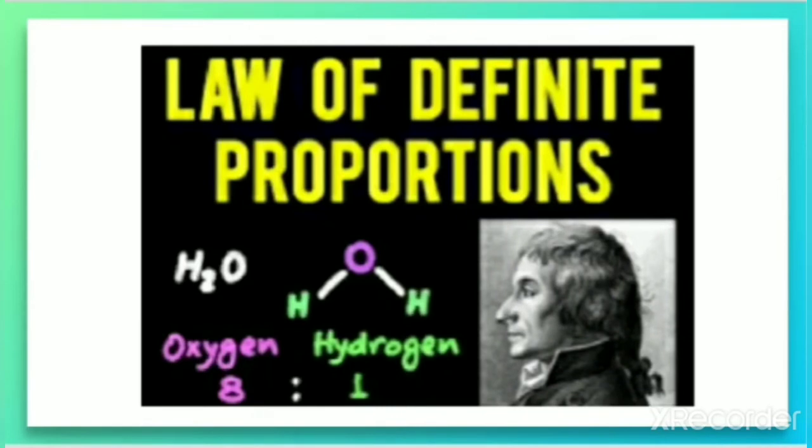Because in water, hydrogen and oxygen are combined in a fixed ratio. That is, the oxygen to hydrogen ratio is 8:1 by mass. That means when 9 gram of water is decomposed, it gives rise to 8 gram of oxygen and 1 gram of hydrogen.